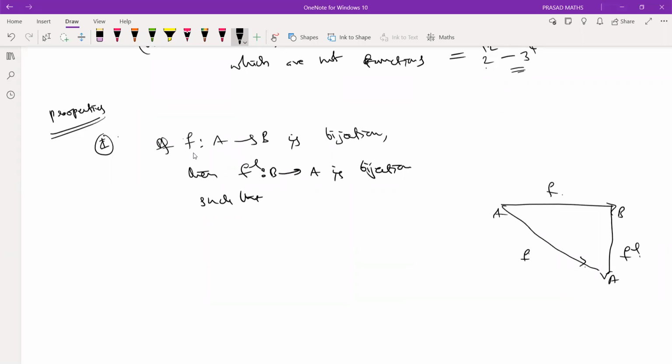This diagram commutes. So f inverse circle f is equal to the identity map on A.